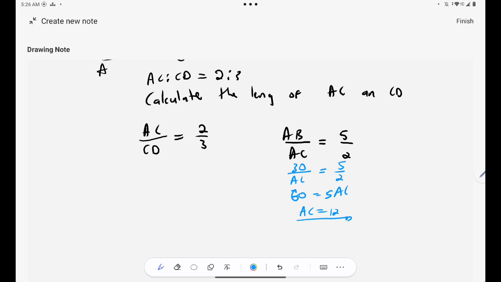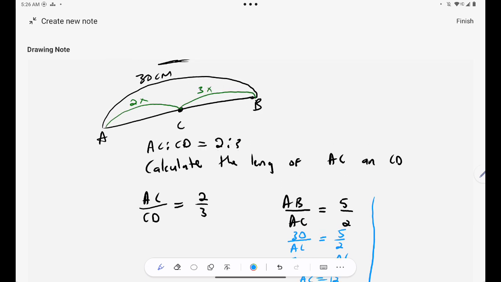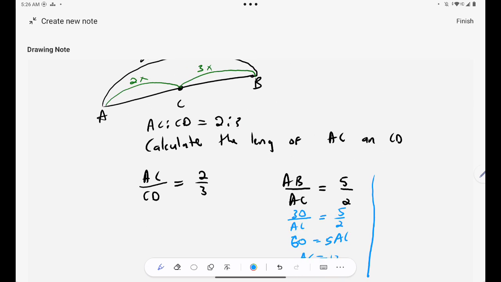When I divide everything by 5 here, I'll have AC is equal to 12 together. And then for me to find CB, I'll still do the same thing. I'll say that AB, why? Because I'm given the full length of AB, all over CB is equal to, the full length is 5x, and then CB will be 3x. But as we can see, I don't need to write the x's because they will divide one another.